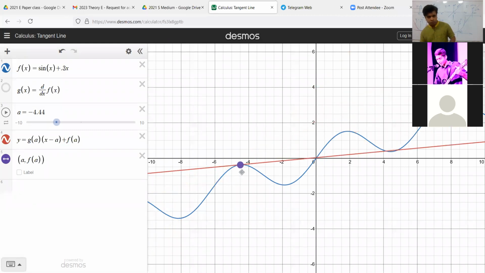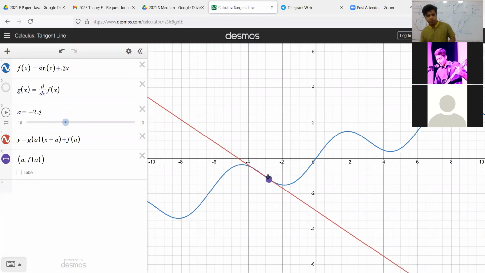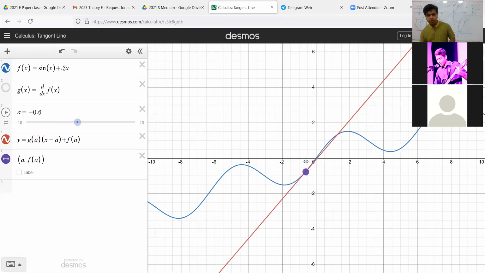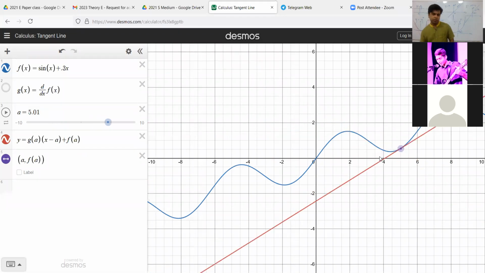Here again it is horizontal, somewhere here, so this is called a stationary point. Then again negative gradient, which means the function is decreasing, still decreasing, then again increasing, and horizontal, then decreasing. So it goes like that.